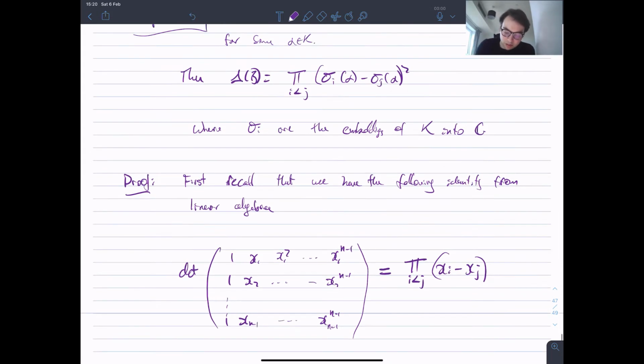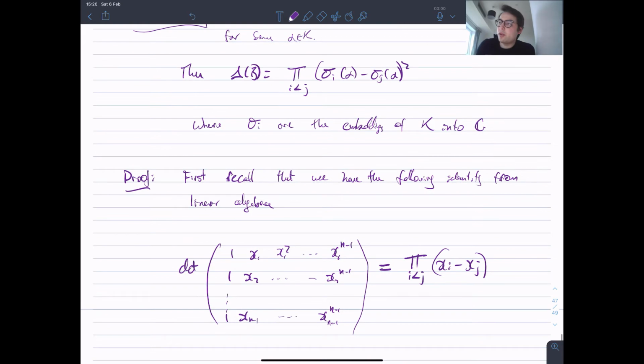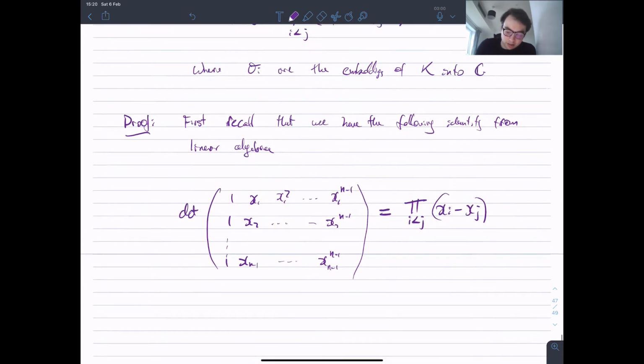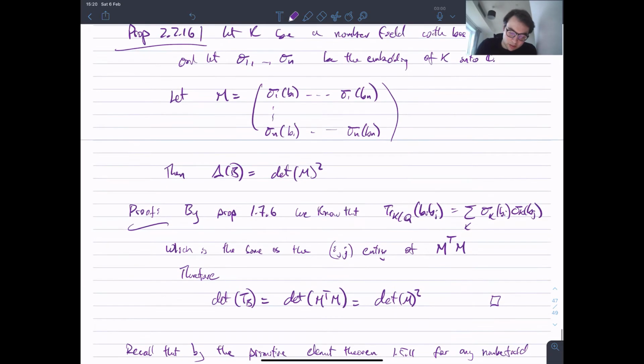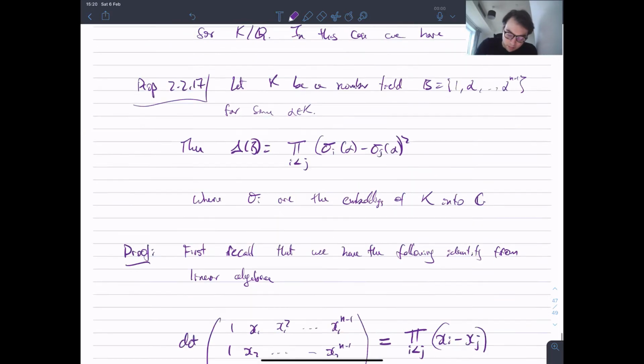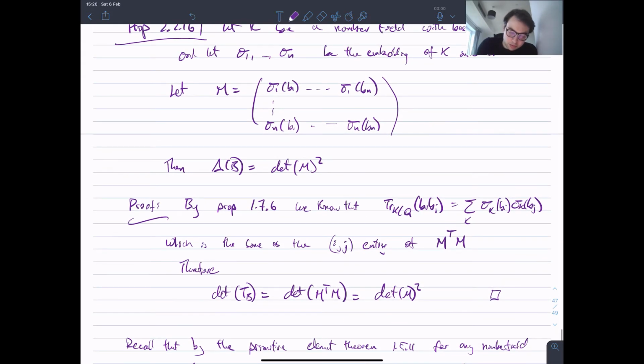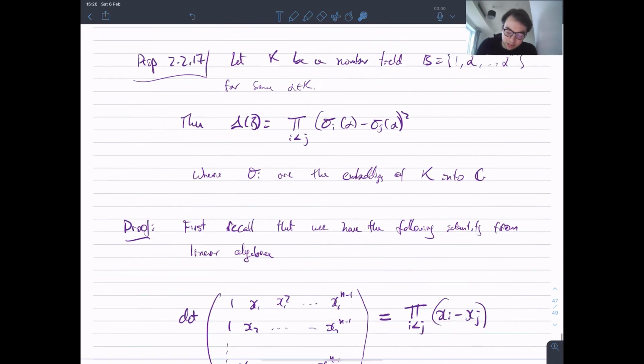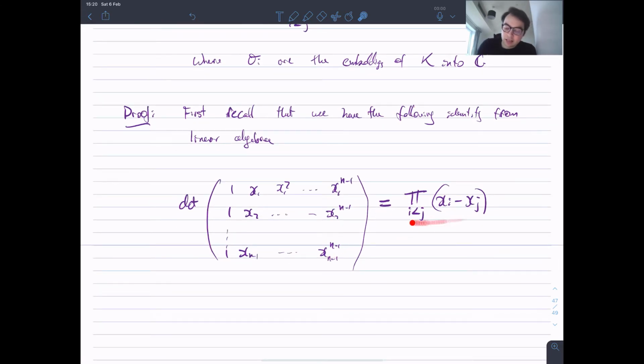Now, if you just combine this result with the previous proposition, you plug in these sigma i's, where in the previous proposition we have said that we could calculate the discriminant using this sort of matrix. We have a basis which is now just like 1, alpha, alpha squared, up to alpha to the n minus 1. So this matrix, when you plug in your basis, just looks like some matrix like this, and now we just use this result.